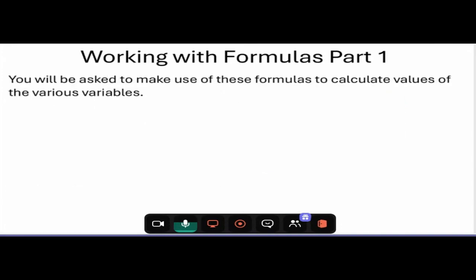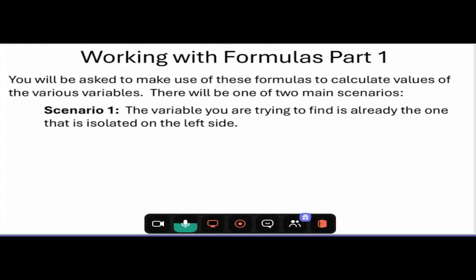So you're going to be asked to use these formulas to calculate values of the various variables in them. And there's one of two main scenarios where that will happen. And again, this is all of the courses, the 03 and 05 level courses, you will be asked to do this. Scenario 1 is the easy one we're going to look at today, where the variable that you are asked to calculate is already the one that is isolated on the left side.